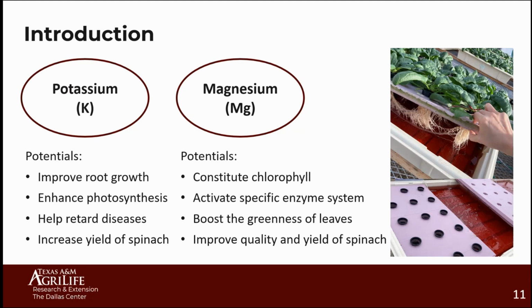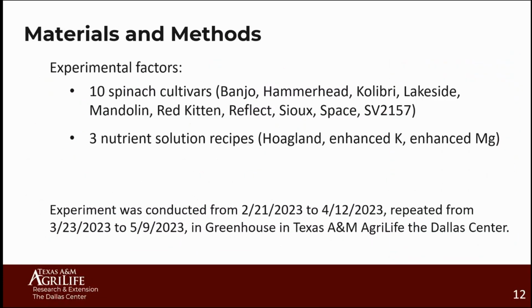Magnesium has the potential as it constitutes chlorophyll, so it is important for photosynthesis. As a result, it benefits the yield, and it can activate specific enzyme systems and boost the greenness of the leaves. As a result, we desire it can improve the quality and yield of spinach.